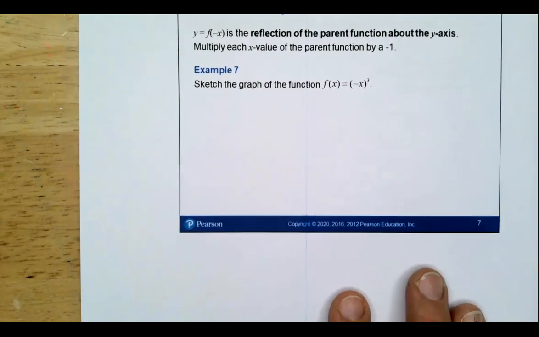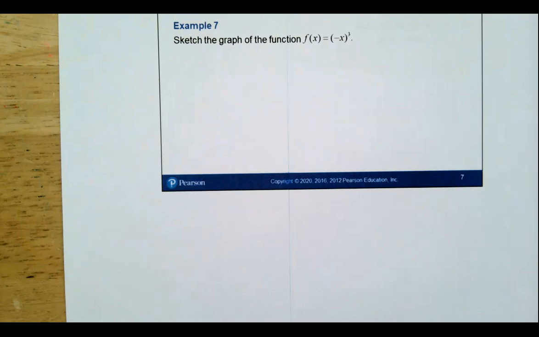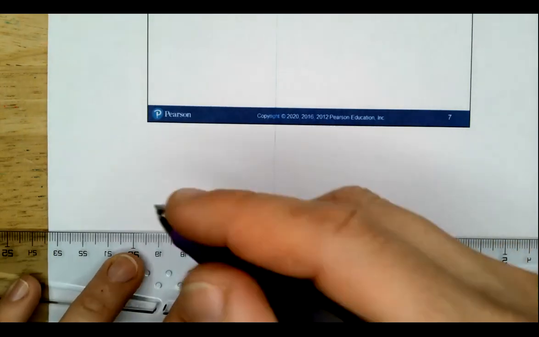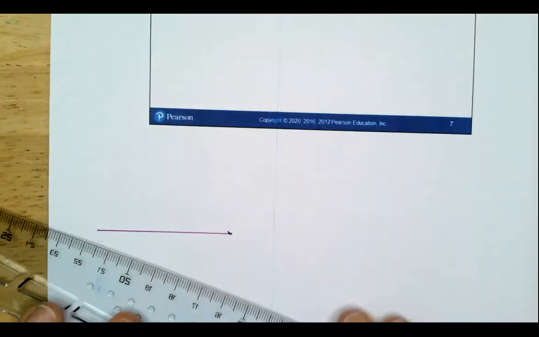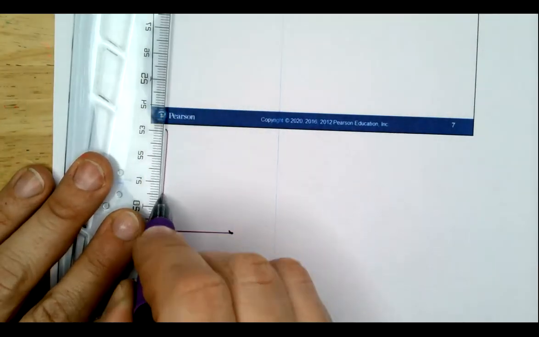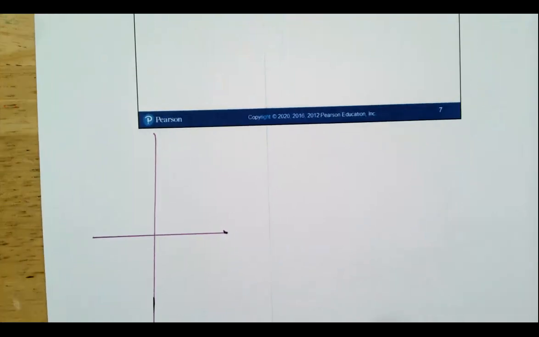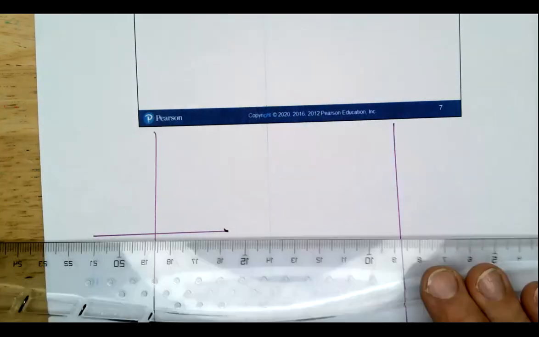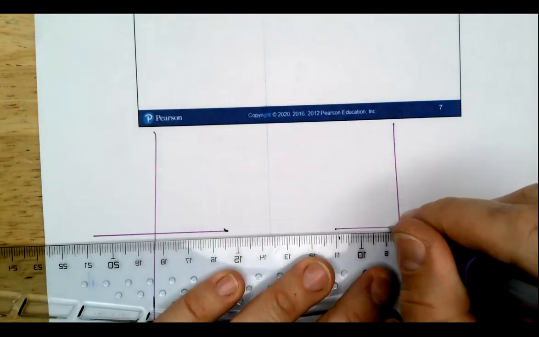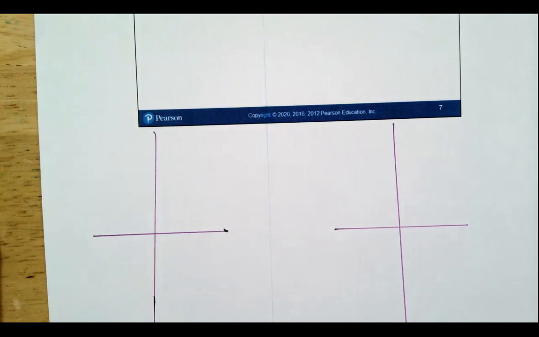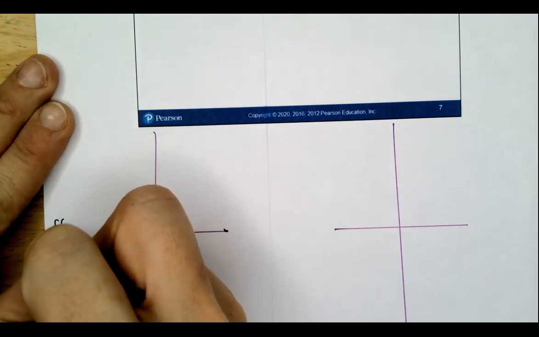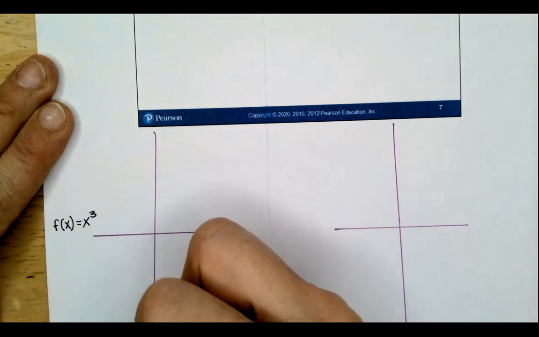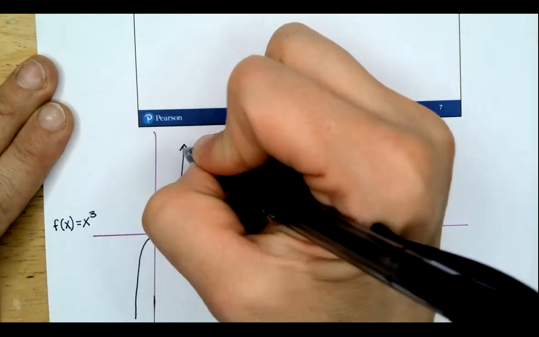Sketch the graph of the function f of x equals the cube root of negative x. Parent function. Transformed function. So for f of x equals x cubed, we know, just from memory, right, that it looks like this.